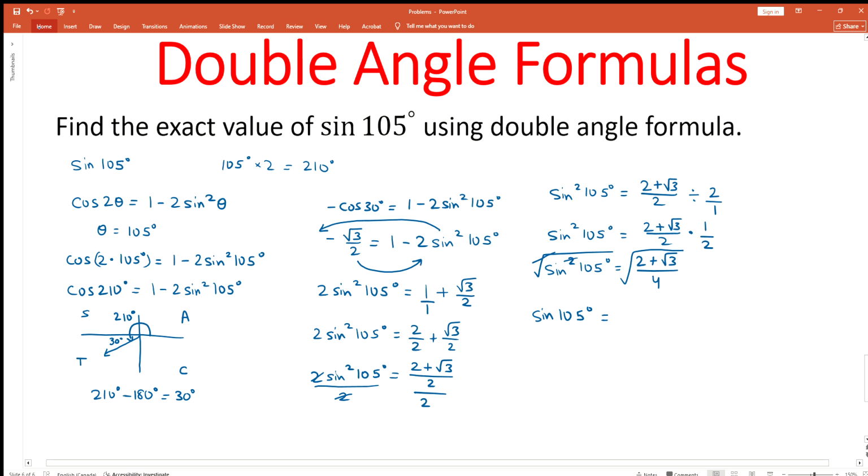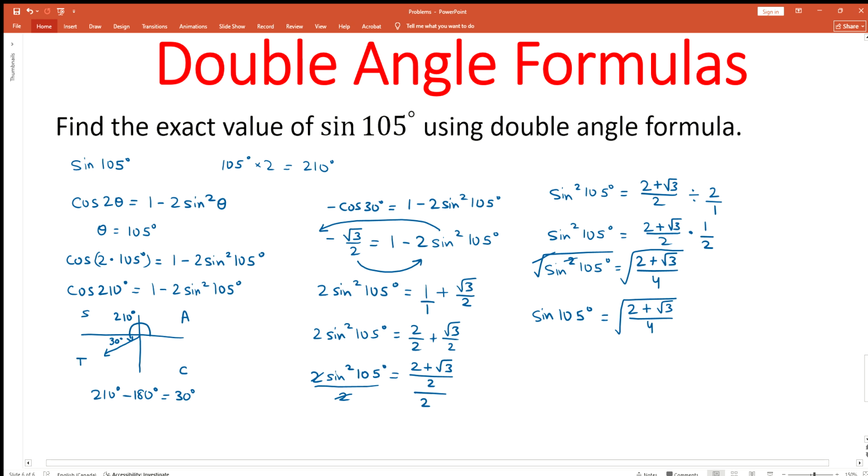So we get square root of 2 plus square root 3 over 4. When we apply the square root, we get the plus and the minus cases, but since sine of 105 degrees cannot be a negative value, we ignore the negative case.